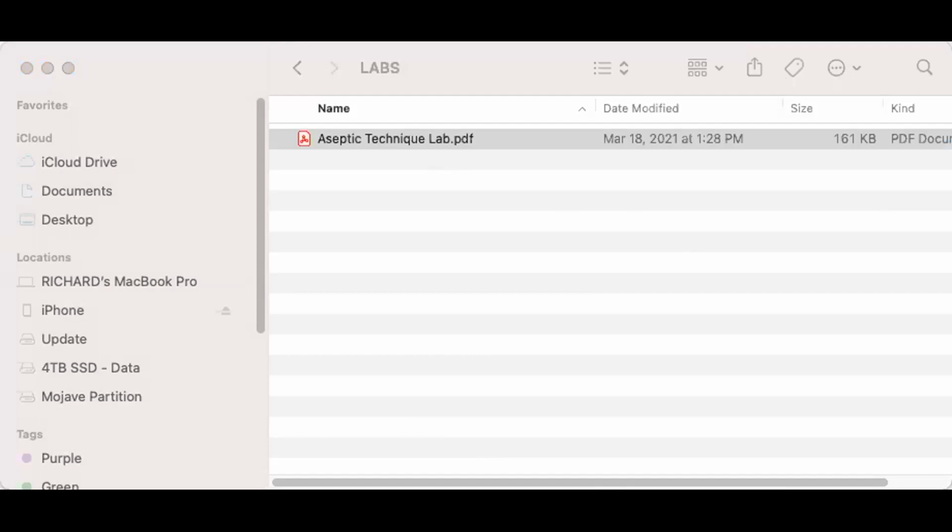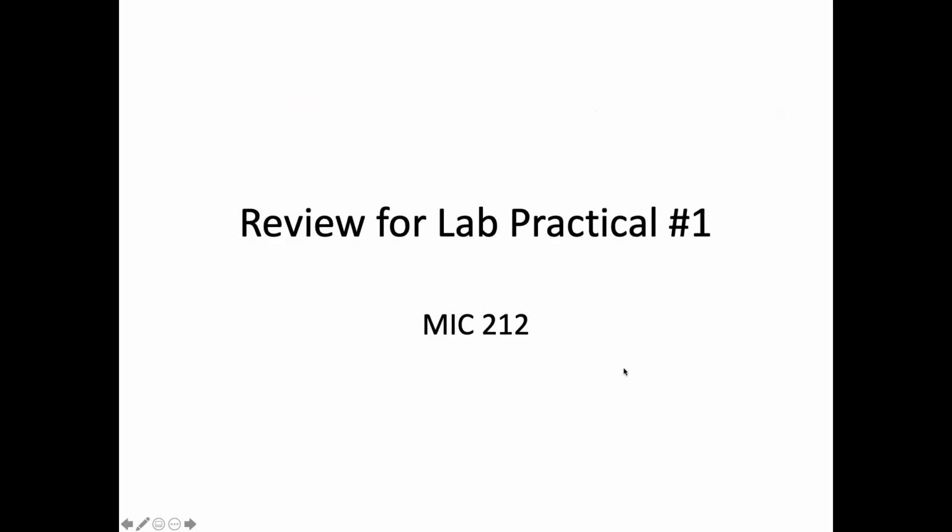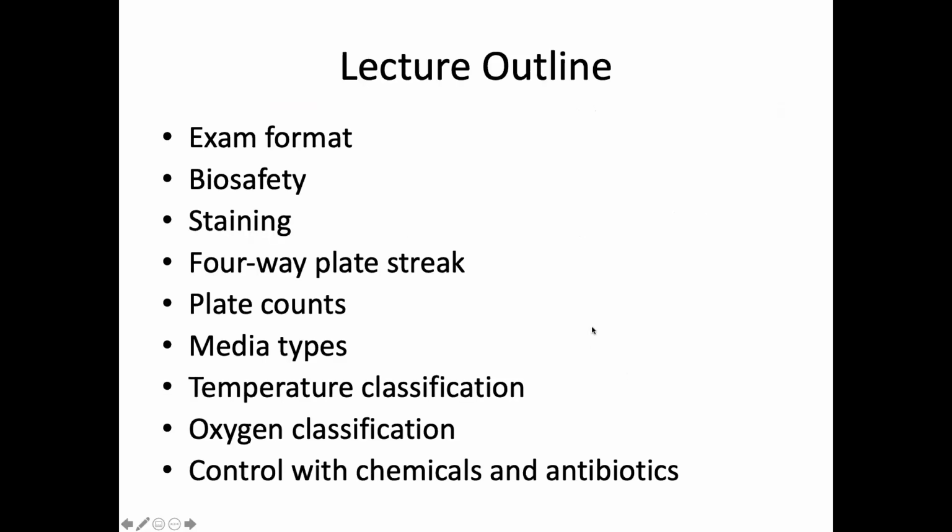All right. So I just want to go over a few things. We'll talk about how this is going to be laid out, then we're going to talk about the stuff that we're going to cover. So what specifically am I going to draw on for the lab practical?